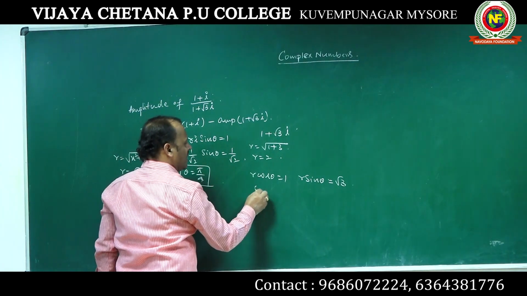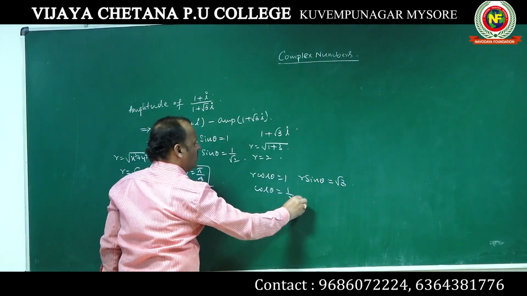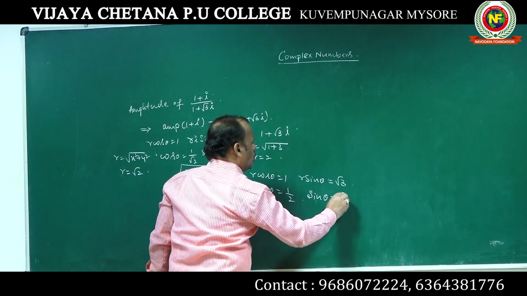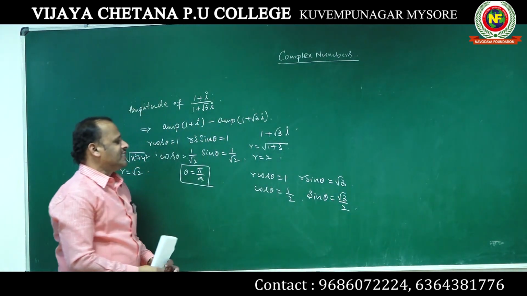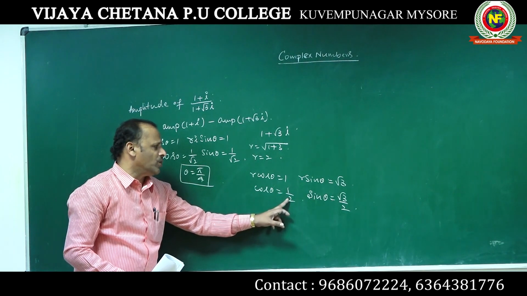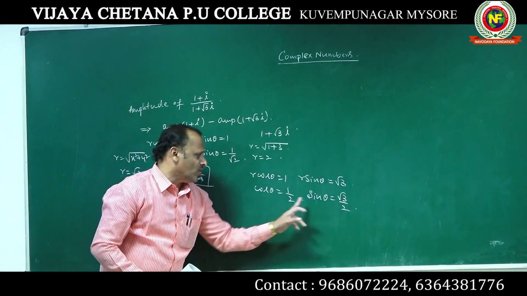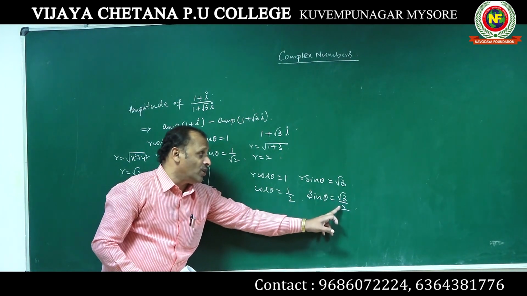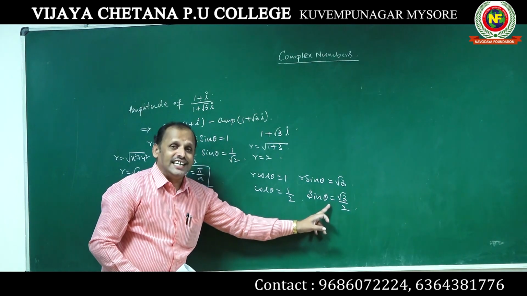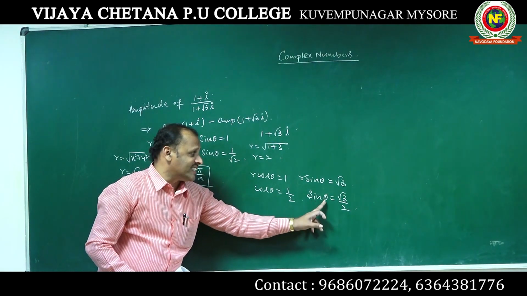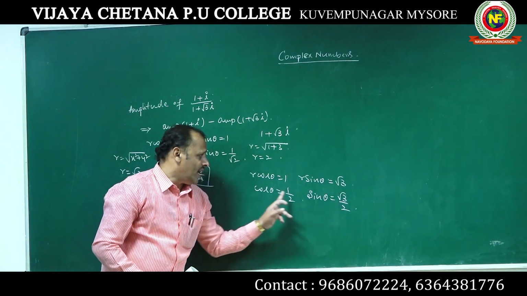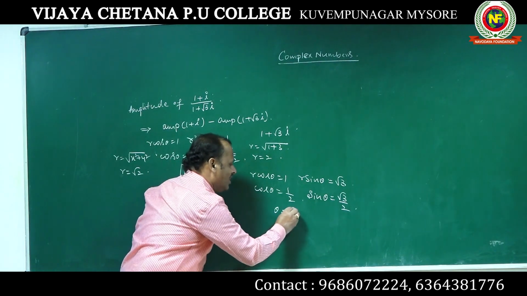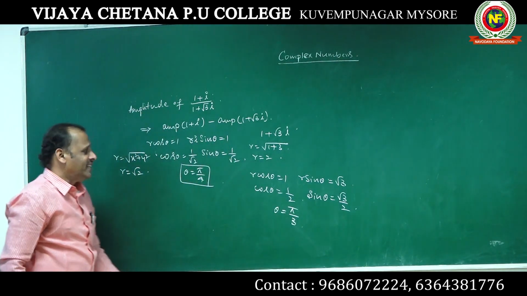Now r is 2, so cos theta is equal to 1 by 2, sin theta is equal to root 3 by 2. For cos theta 1 by 2 and sin theta root 3 by 2, it is 60 degrees. That is, sin 60 degrees is equal to root 3 by 2 and cos 60 degrees is equal to 1 by 2. That is, theta is equal to pi by 3, 60 degrees.